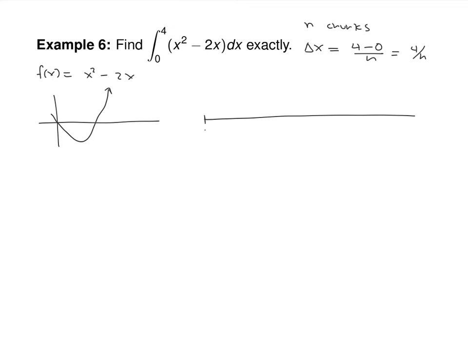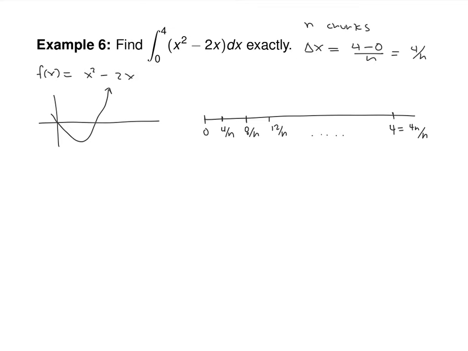So looking at our little interval, we have 0, 4 over n. What's going to come next? 8 over n, and then 12 over n, right? Up until you get to 4, which is 4n over n.